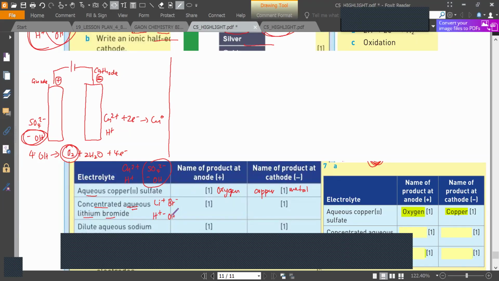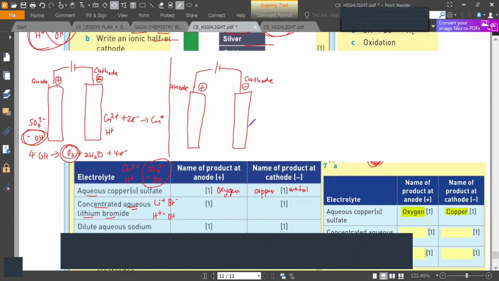So we have these 4 ions. Again, we set up our analysis like this: positive, anode; negative, cathode.